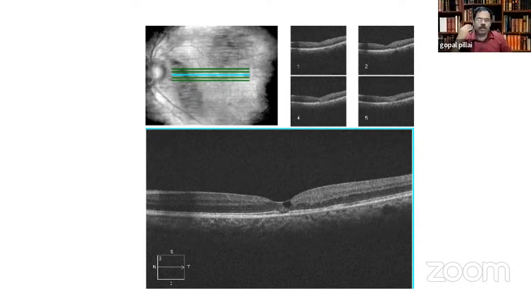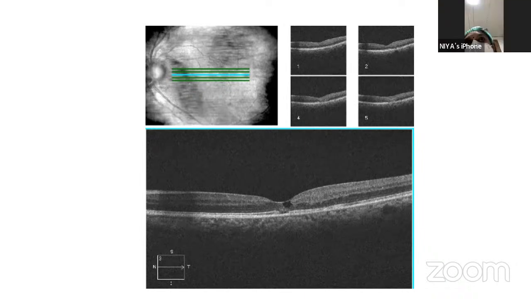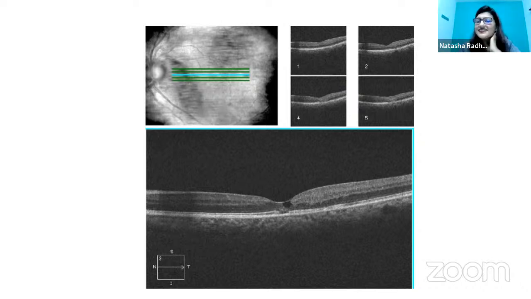The common parafoveal telangiectasia that we see is... You're not audible, Nia. The voice is dragging. I think you're having a very bad net connection. Anybody else? Can someone else tell us the classification of IJT, the staging of IJT?